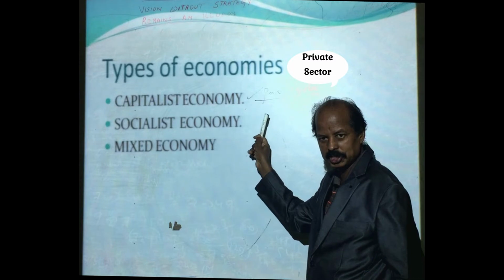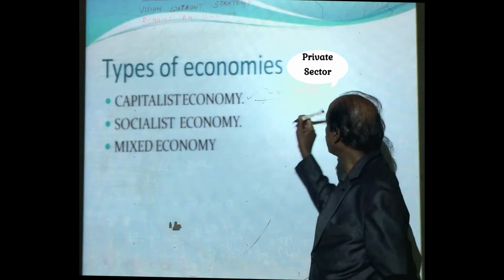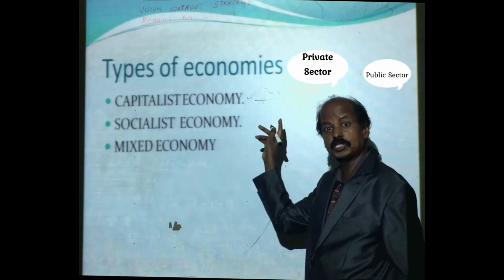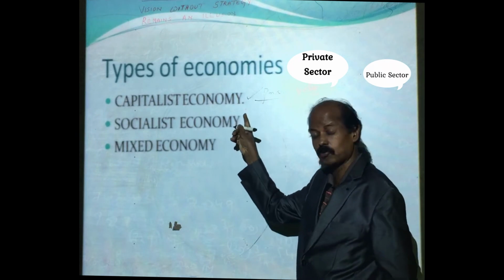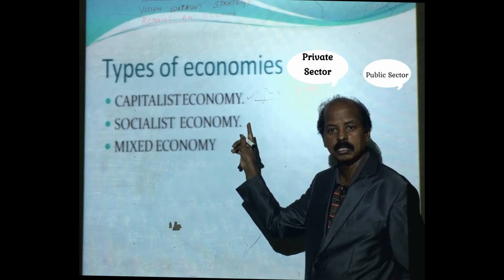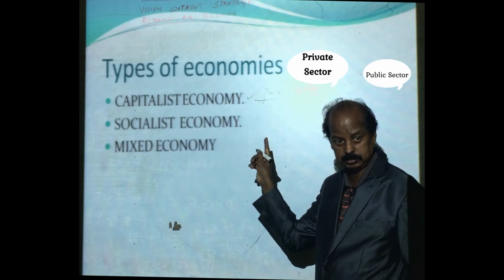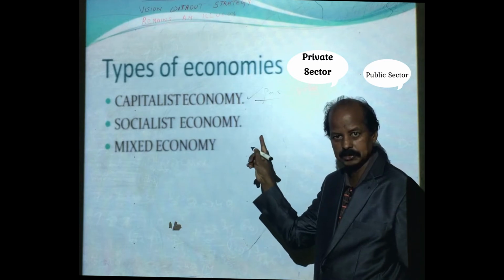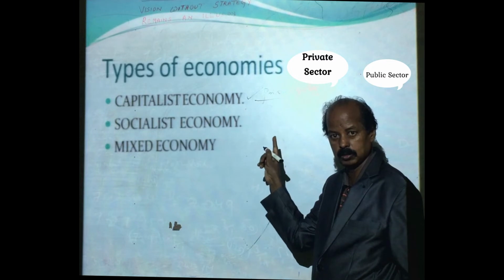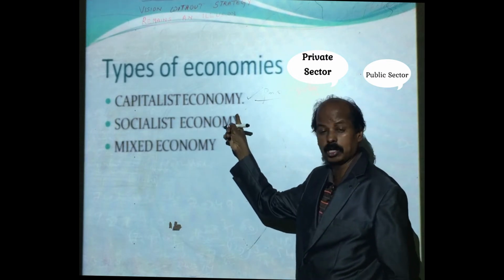Private sector plays the key role, unlike the public sector. Of course, there is a public sector in capitalist economy, but the public sector doesn't play a key role in the process of economic development, whereas the private sector plays a key role in the process of economic development in the capitalist economy.